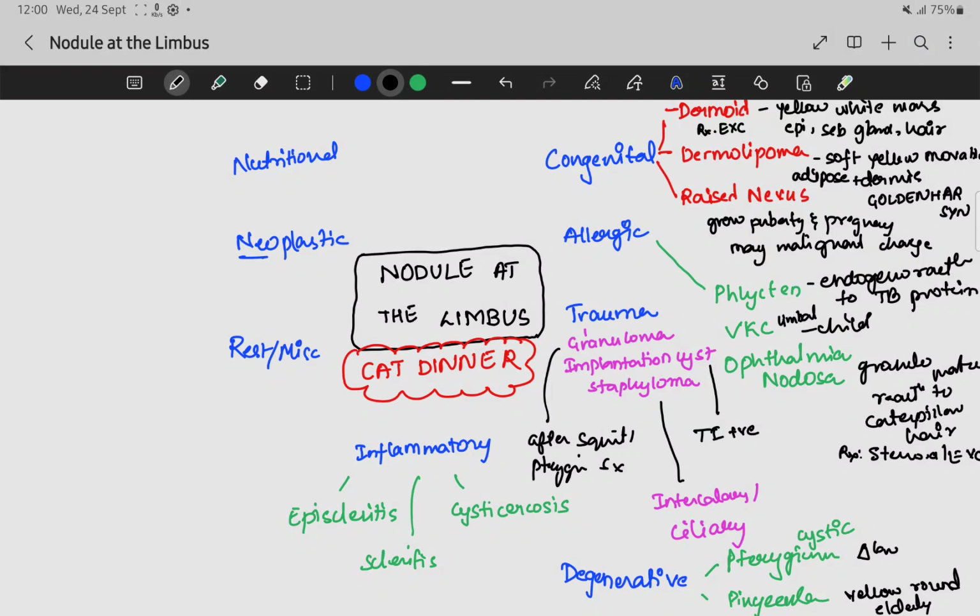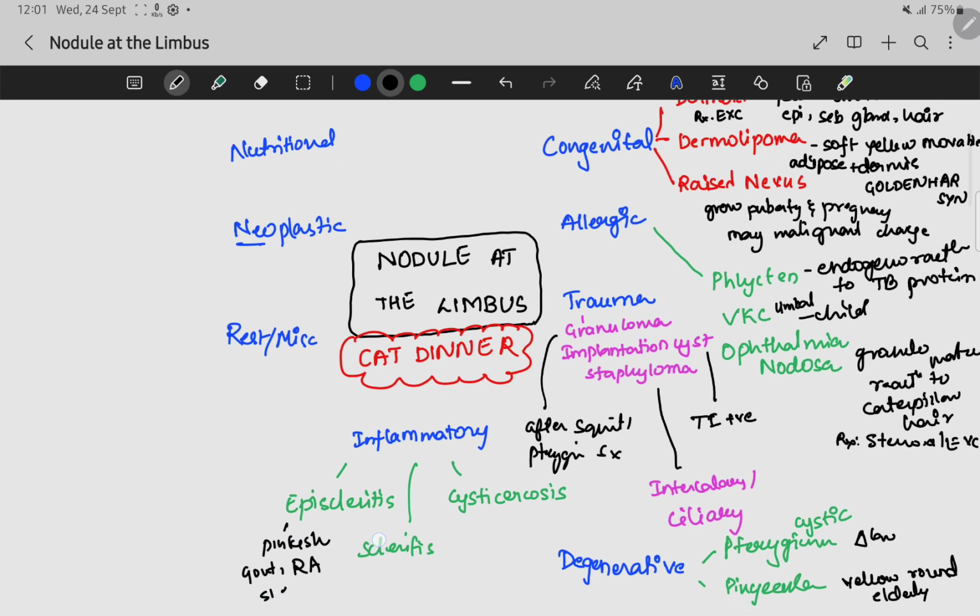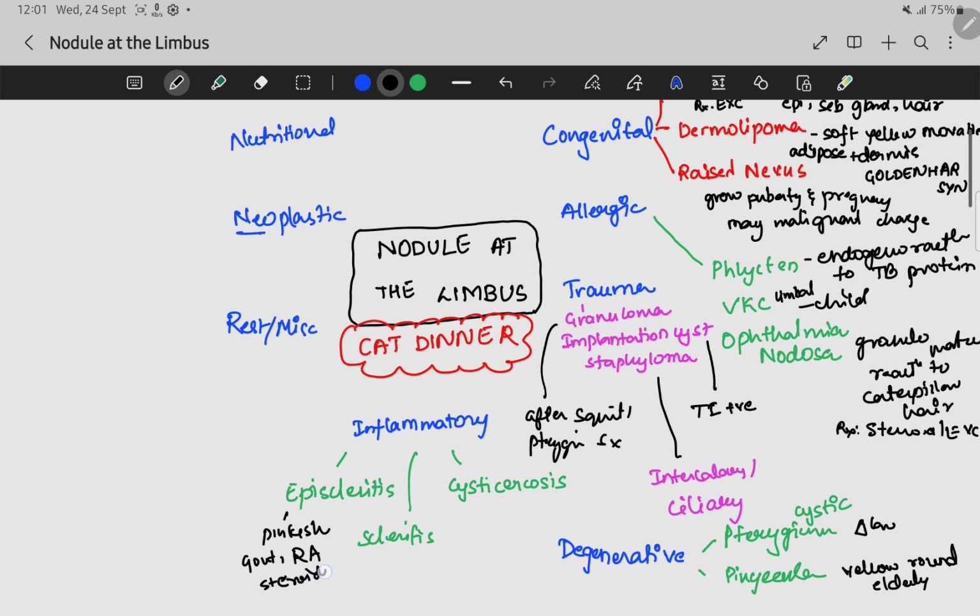So episcleritis, it is the inflammation of the episcleral tissue, and it appears as a pinkish elevated one. So it is usually occurring in cases of gout, rheumatoid arthritis, and endogenous allergies. So here we have to give either topical steroids for the treatment, NSAIDs and indomethacin.